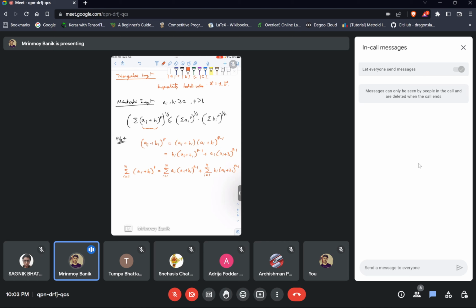So we got the left-hand side without the 1 by p.